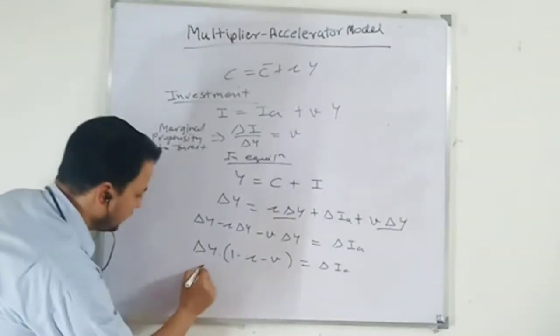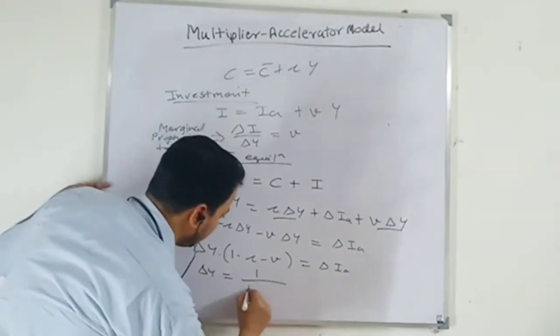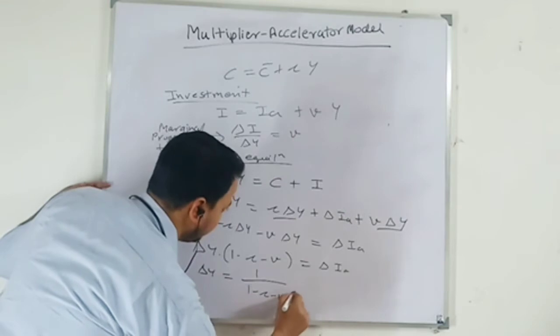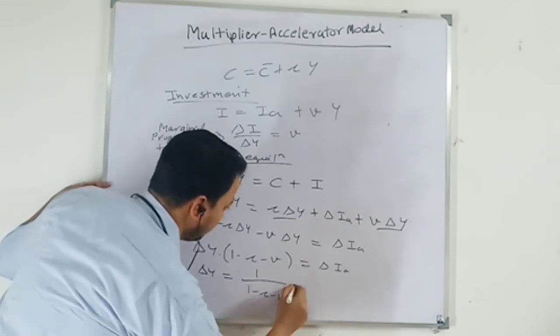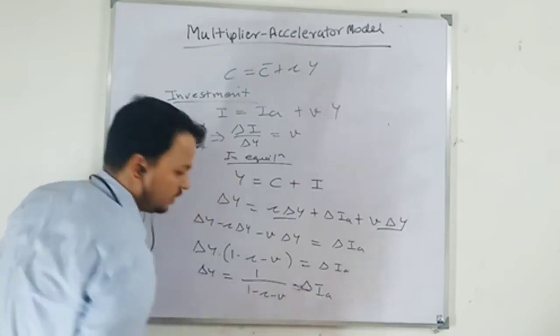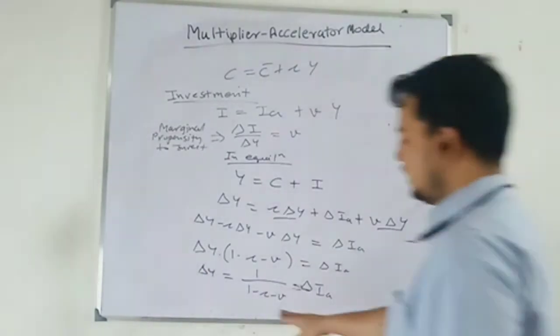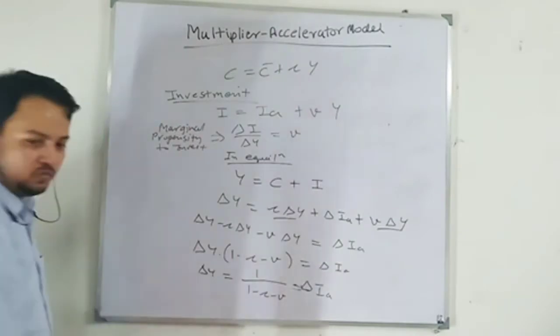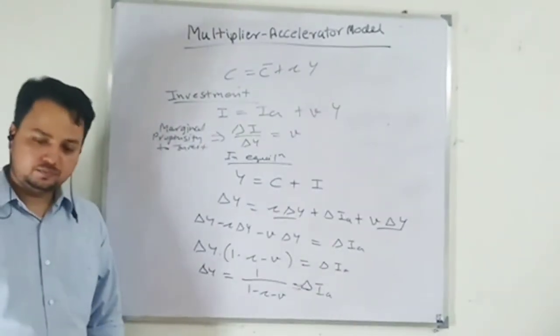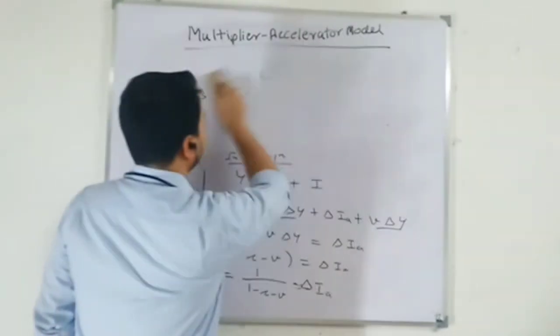So change in y equals 1 over 1 minus c minus v, this is the multiplier, into delta I. This is clear, 1 minus small c minus v. V is your accelerator.